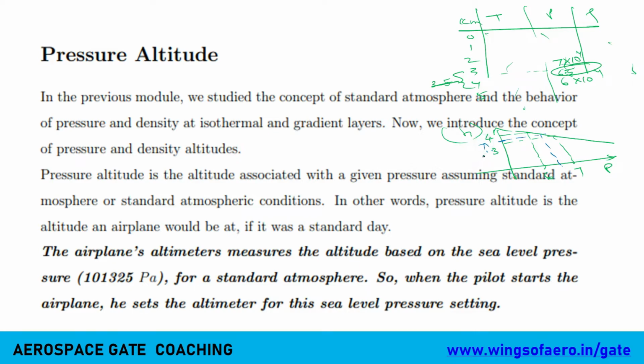That's the question, right? So there is a mathematical expression to find out the pressure altitude. Let's assume this one as H1, this as H2, or you can take vice versa, and corresponding to that, this is going to be P2 and this is going to be P1. So the expression goes likewise: H star equals H1 plus (H2 minus H1) into (P star minus P1) divided by (P2 minus P1).